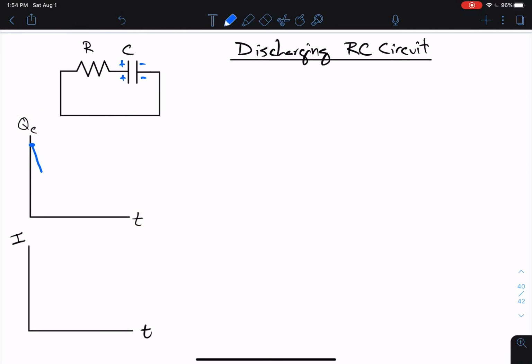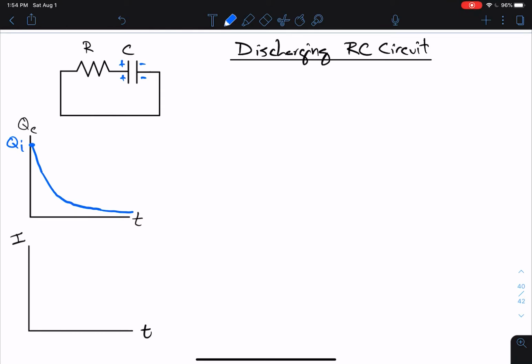So we're starting with some initial charge, and it's going to be easy to push those charges off. So we're going to have a steep slope because it's quickly going to leave the capacitor. But as they leave, that means less repulsion. There's less repulsion to drive that current, and so then the current is going to decrease. Fewer charges are going to be pushed off the plate every second. And so we get exponential decay.